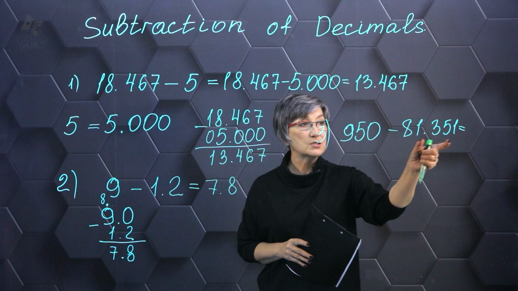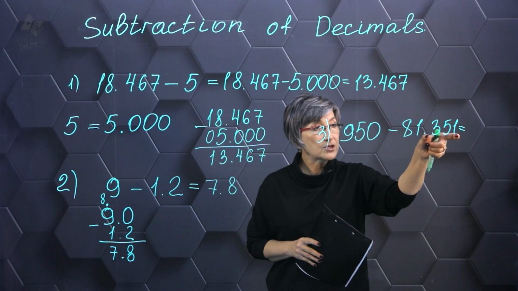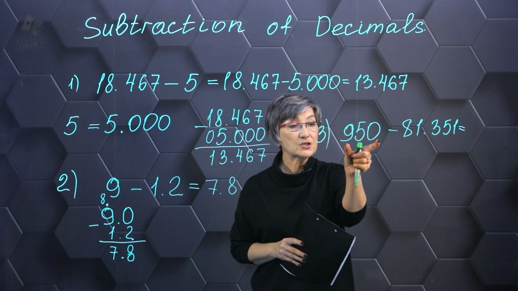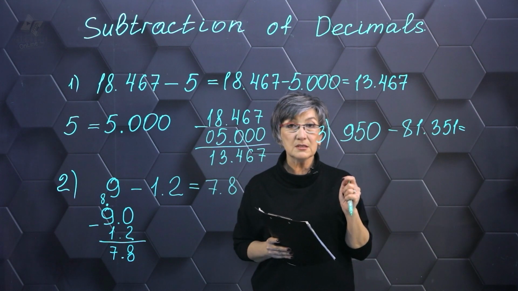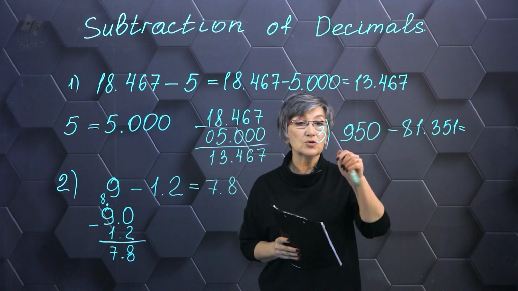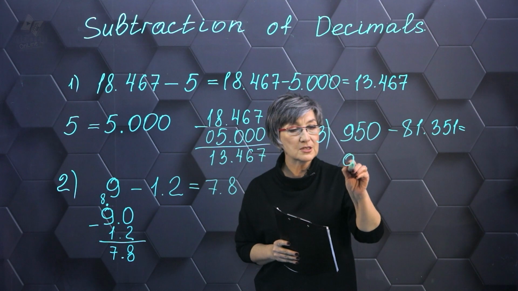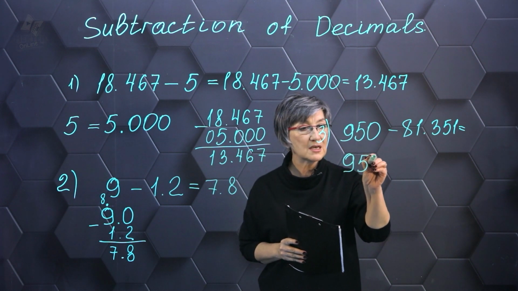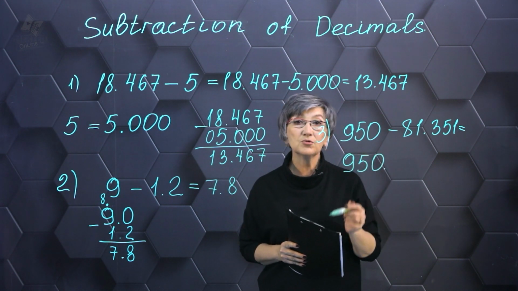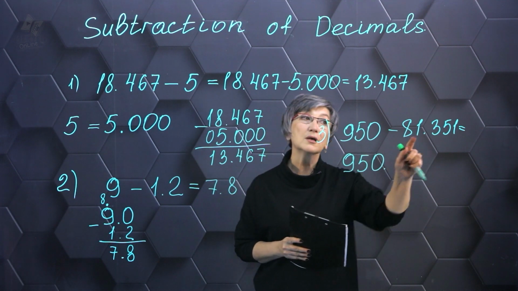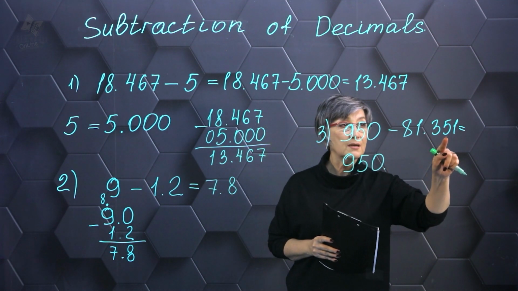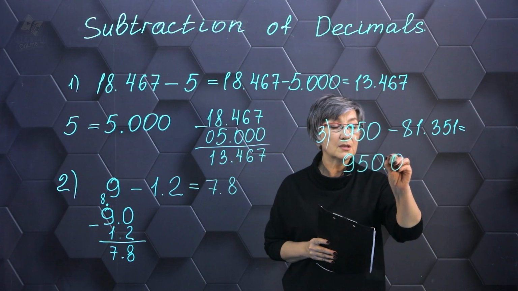Here I have 3 decimal places after the dot, and in the first number I have no decimal places at all. So what do I have to do? I write down 950 integers first, and after the dot, how many zeros should we put? 1, 2, 3. So I put 3 zeros.